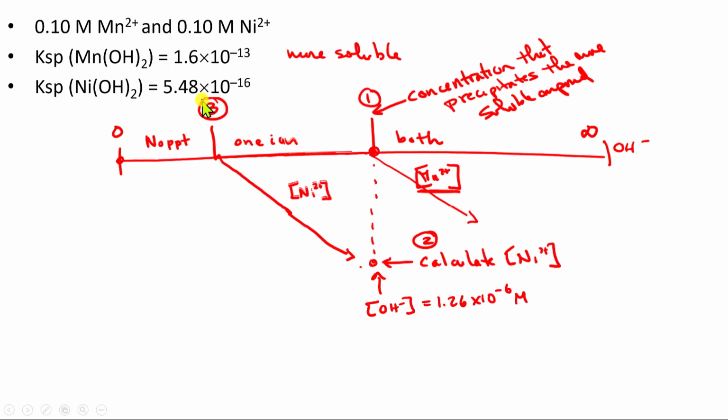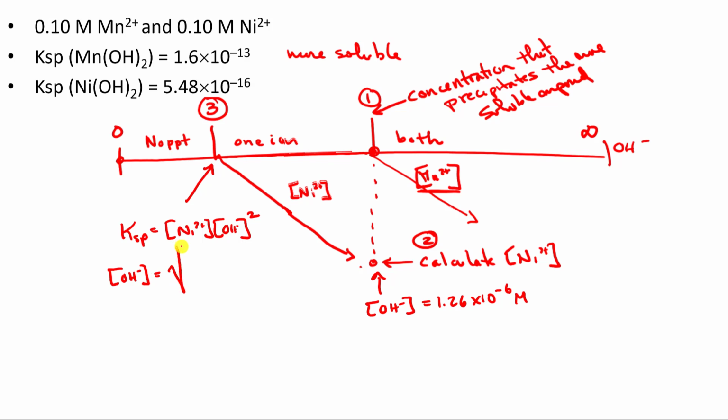Okay, so now we're going to do the calculation for point 3. I just recopied this and wrote down here what the OH concentration is. Now we need to know what it is at point 3. So that actually is the concentration of hydroxide at which the nickel ion starts its precipitation. So just like we did this calculation for manganese, we're going to do it now for nickel. So Ksp is equal to the concentration of nickel 2+ times the concentration of OH minus squared. And then we're going to solve it for the concentration of OH minus.